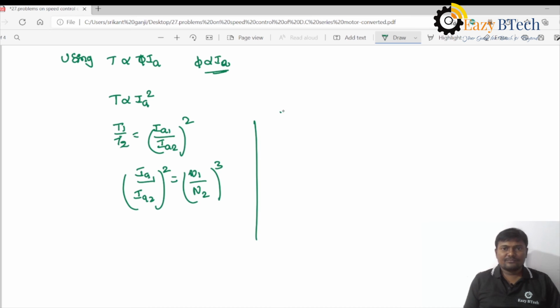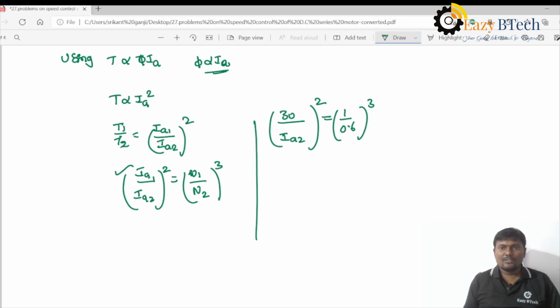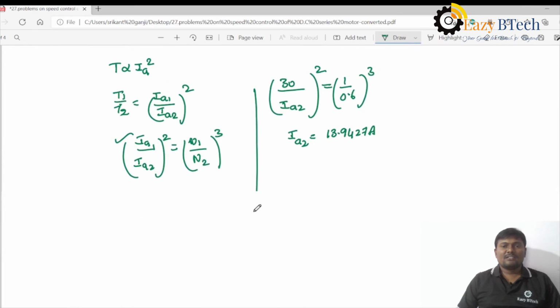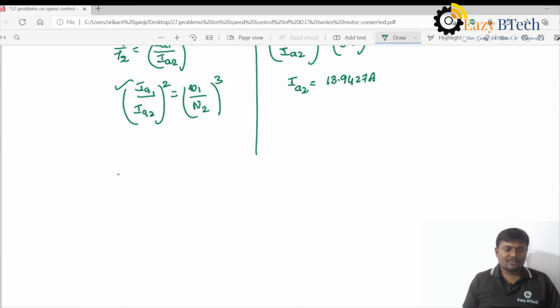Ia1 is 30, and Ia2 we have to calculate. Ia1 by Ia2 whole square equals N1 by N2 whole cube, which is 1 by 0.6 whole cube. If you expand this, finally I got Ia2 as 13.9427 ampere. So Ia1 is 30, but Ia2 is 13.9427.